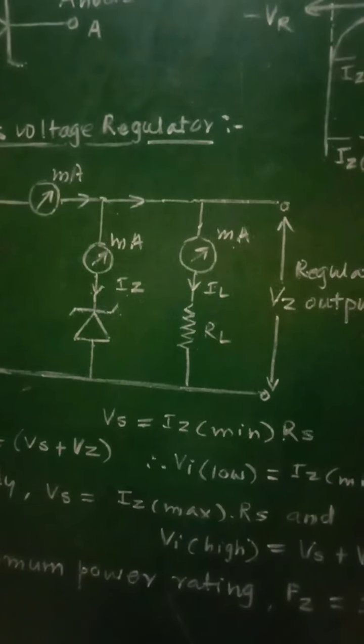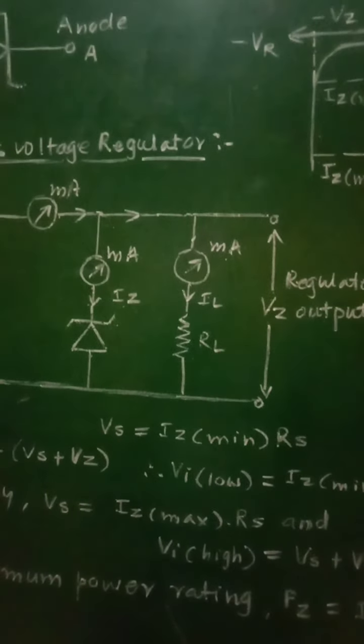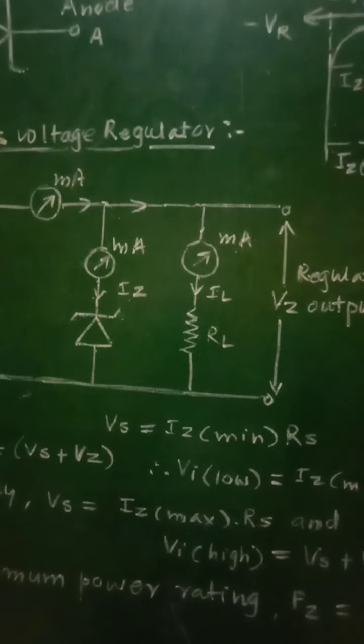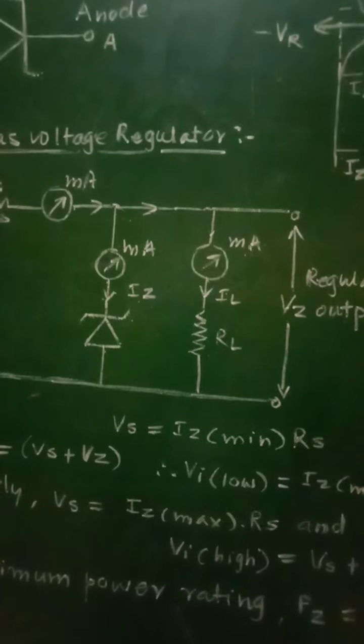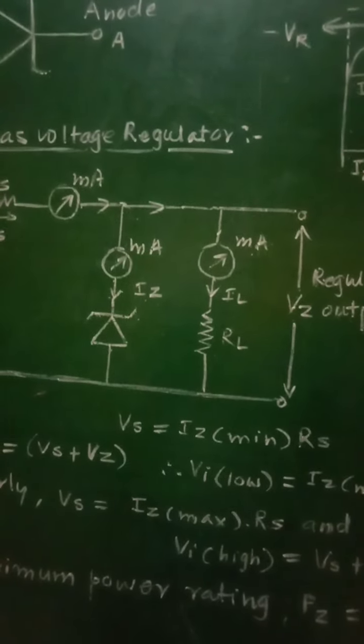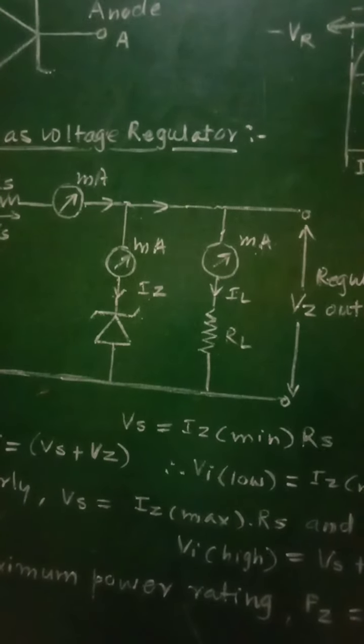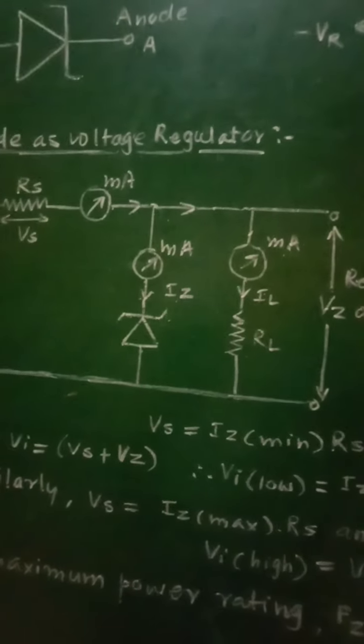And hence we can say that a Zener diode of breakdown voltage Vz is connected in reverse bias to an input voltage Vi.